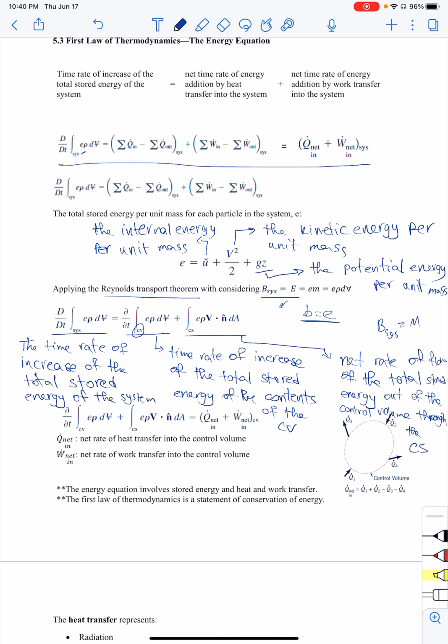So this is how we define the energy equation until now.